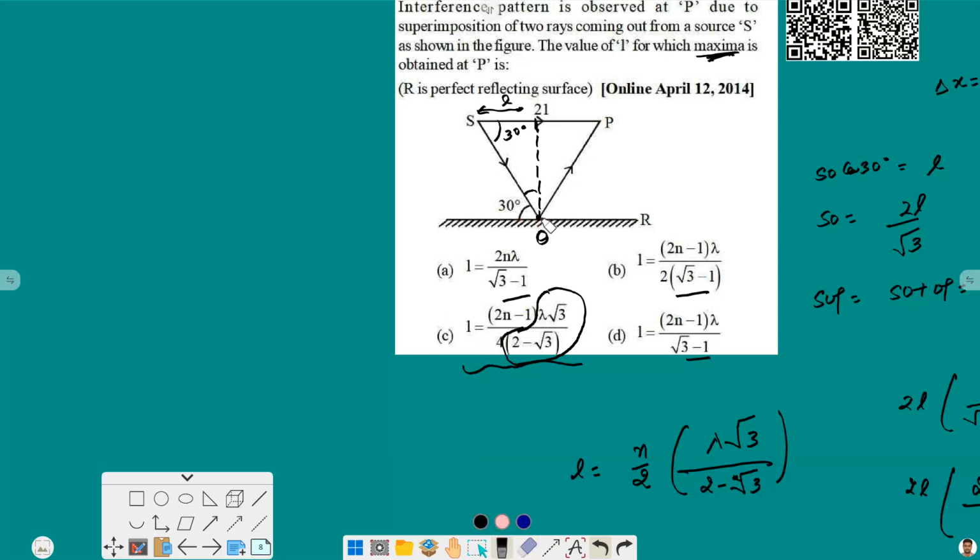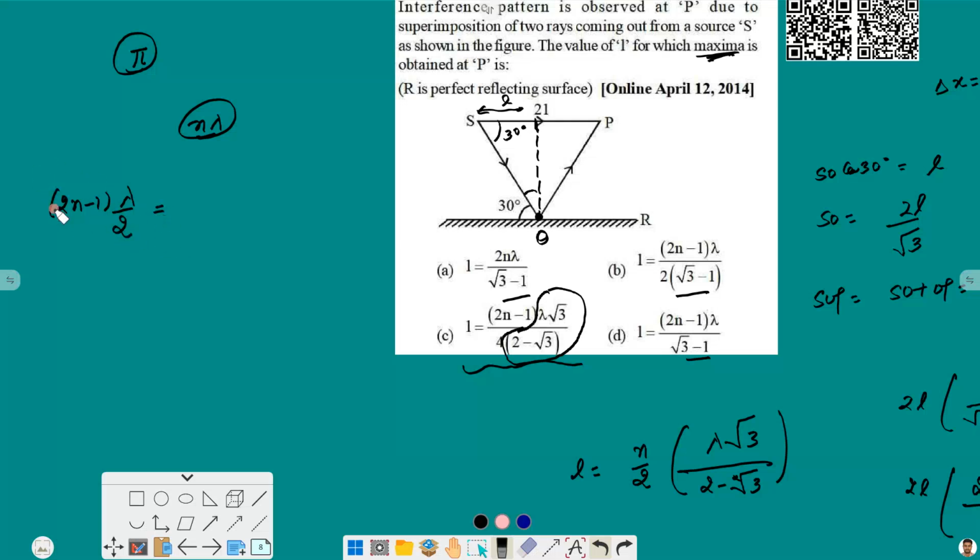At this point O, we are getting reflection, and due to reflection there is a phase shift of pi. So due to this phase shift of pi, our condition for maxima also gets shifted, or we can say the conditions for maxima and minima get interchanged. So originally our condition for maxima is n lambda, but due to this phase shift our condition for maxima becomes (2n minus 1) times lambda by 2.